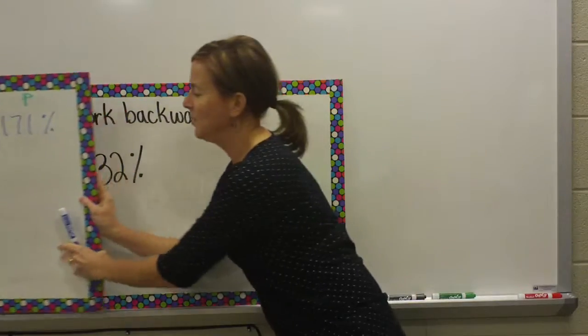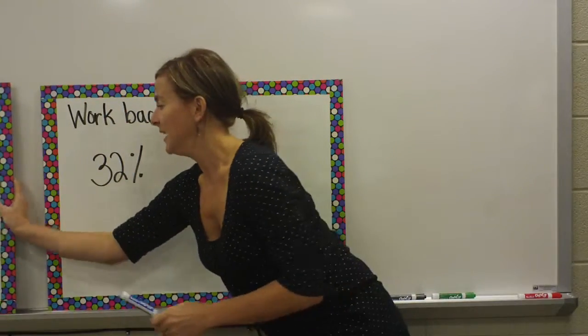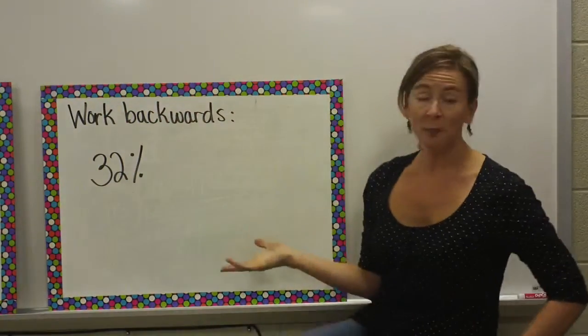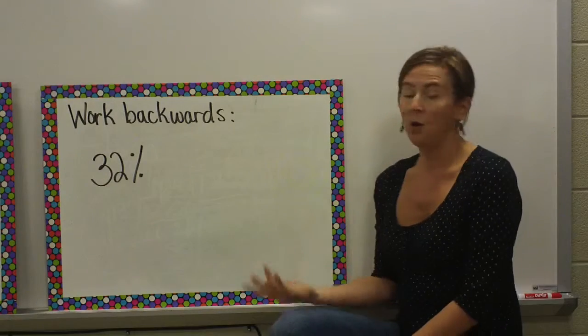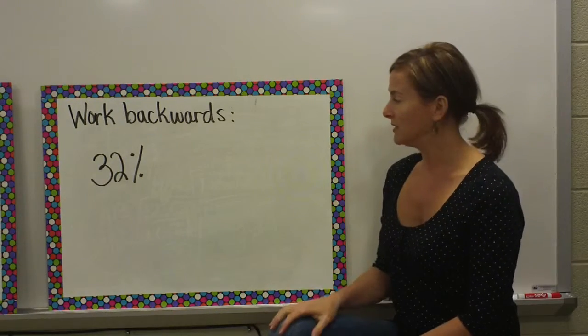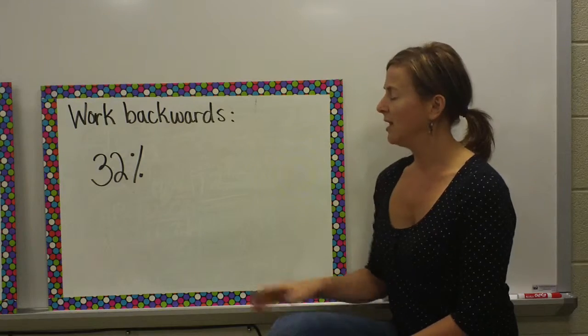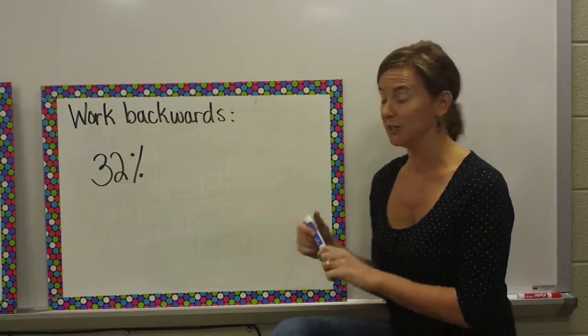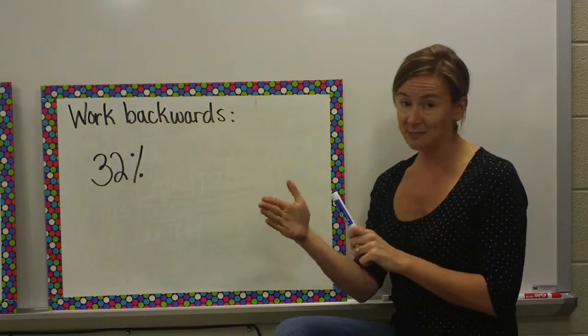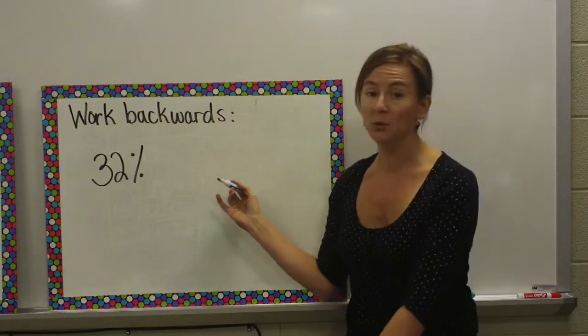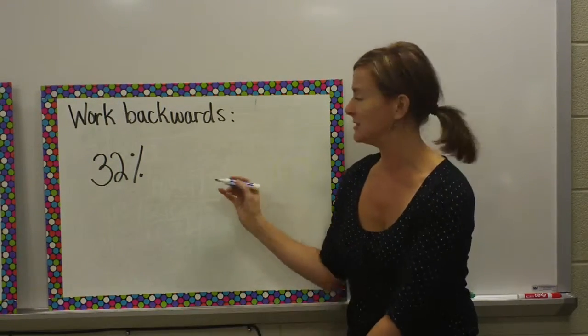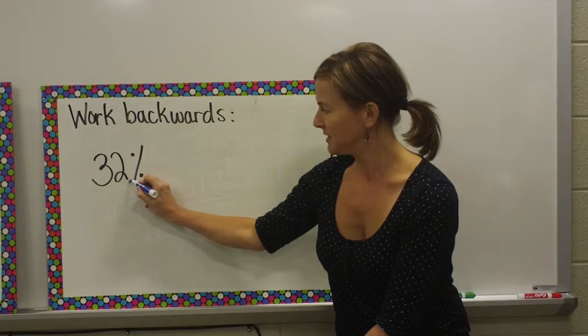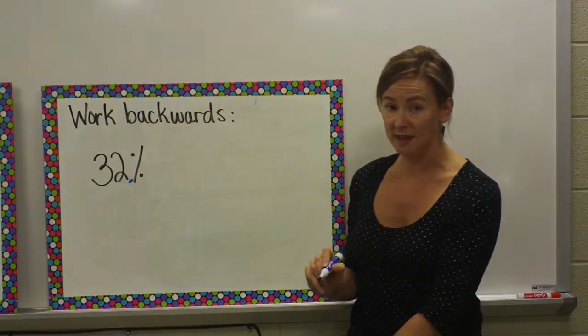We can also work backwards. If I am given a percent, I can figure out what the fraction is or what the decimal is. So if the percent is 32, to get the decimal, I'm simply going to move to the left 2 instead of the right. If I don't see a decimal point in a number, it's always at the end.